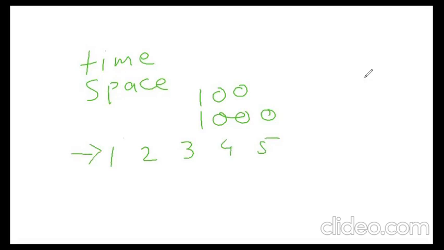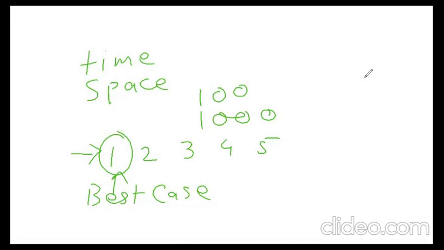If I want to search for 1 in this list, which is already sorted, I get my desired element at the first position itself. So what will we call this case? We will call it the best case. There are 3 cases: best case, average case and worst case. So in bubble sort, when the array is already sorted, the time taken by the algorithm is linear. So this is my best case.